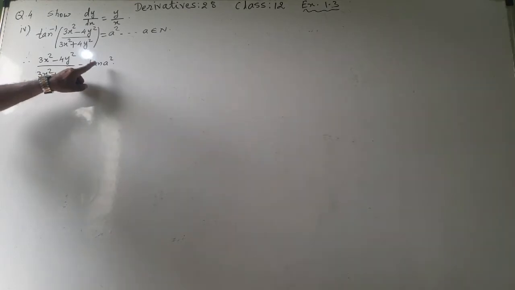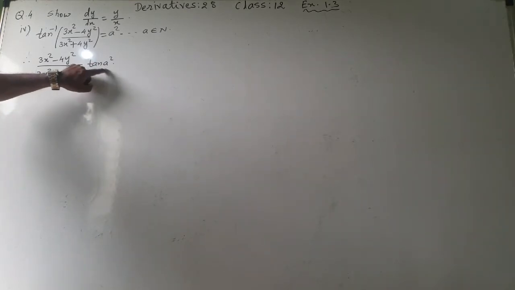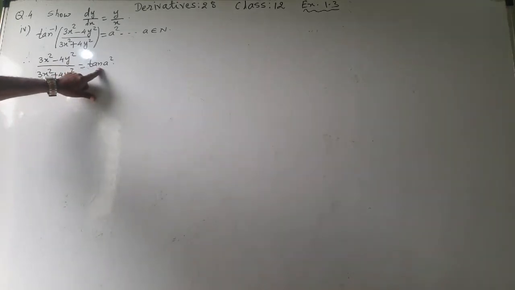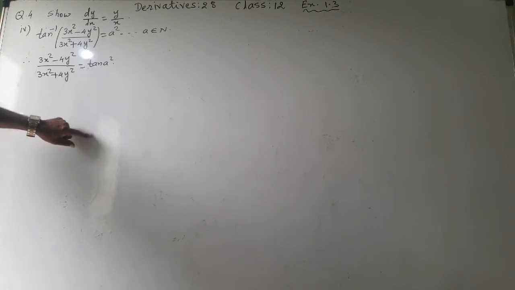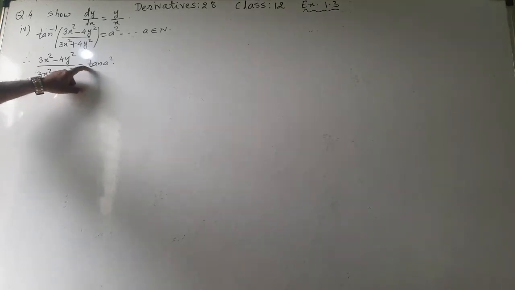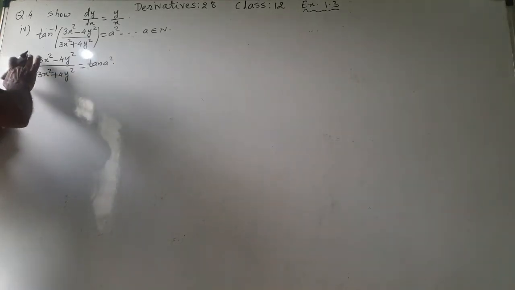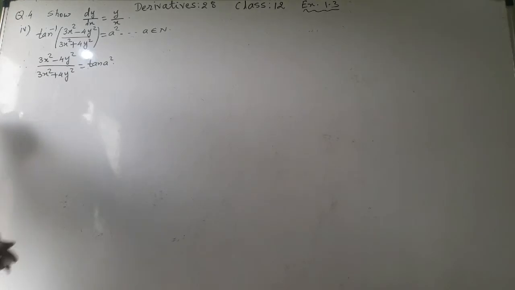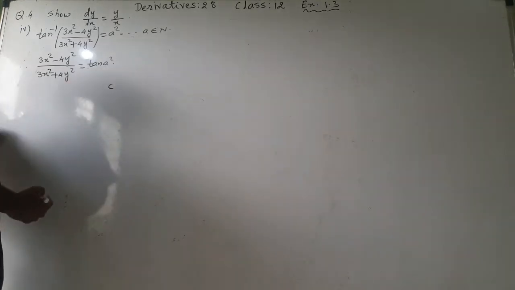If I don't want this tan a, then immediately I will take the derivative, and derivative of this will be 0. Why am I teaching this way? Because the method in the textbook is different. They are substituting some constant c.